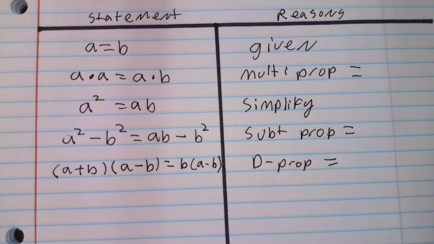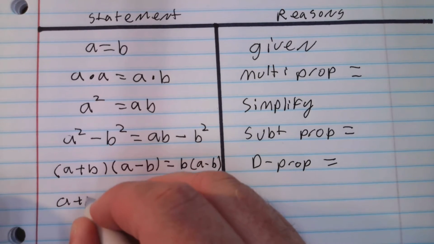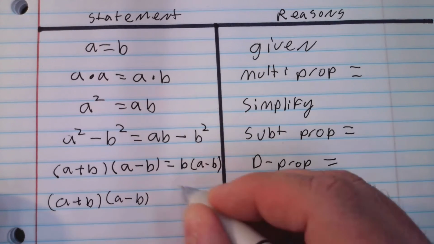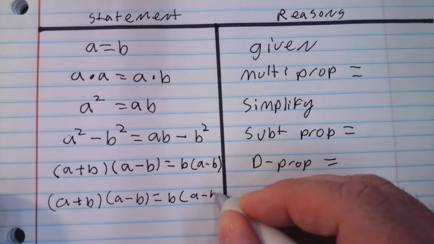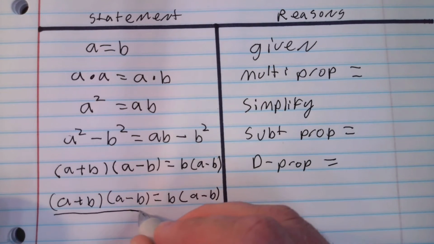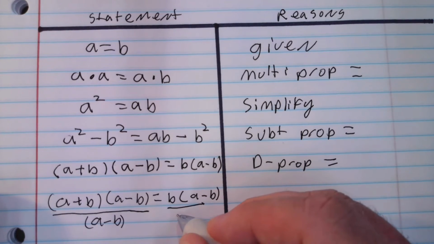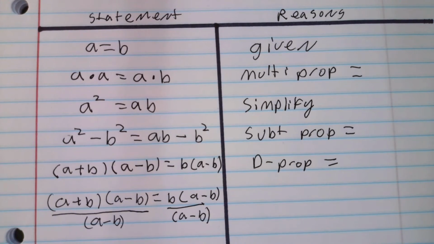Okay, moving on. Now I'm going to do this, and let's see if you can figure out what property this one is. Okay, what property do we think this is?